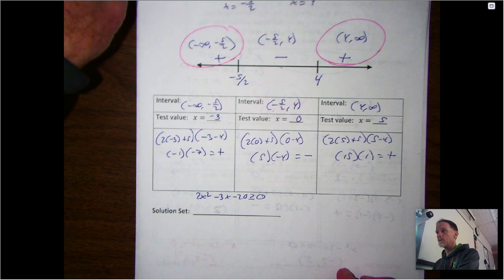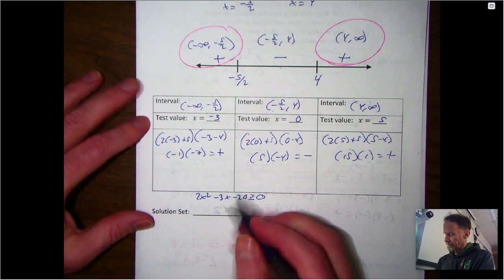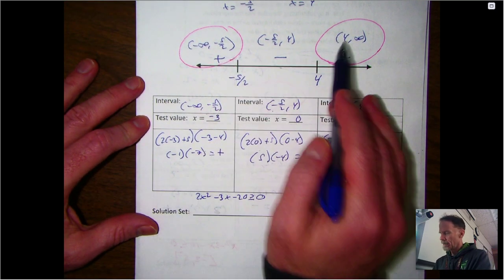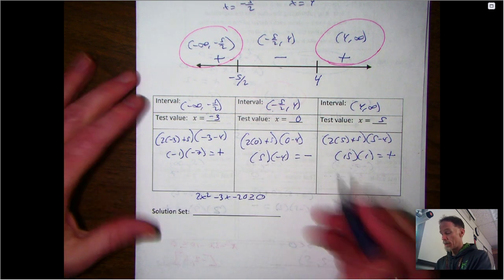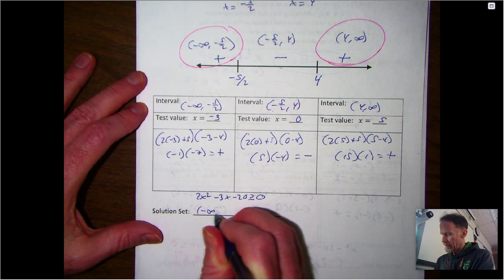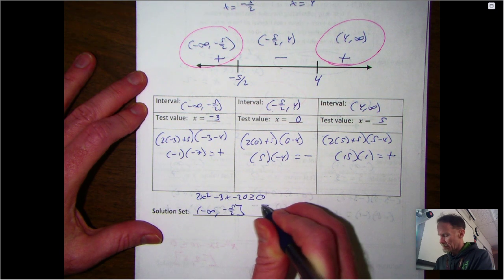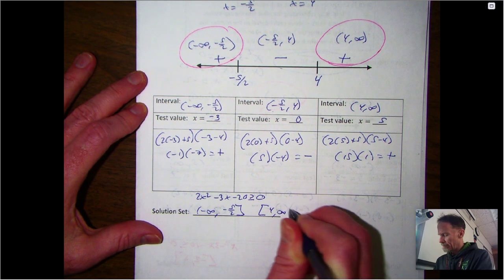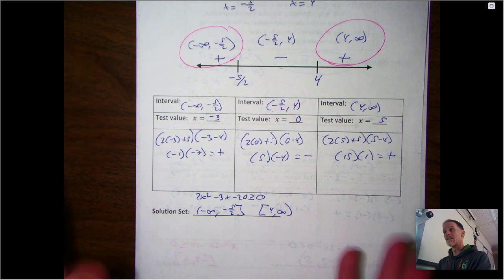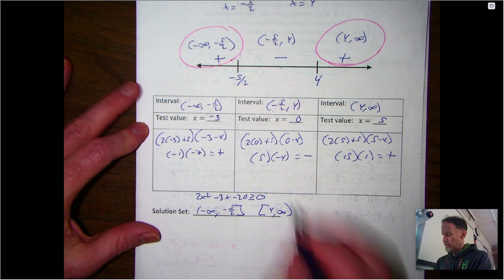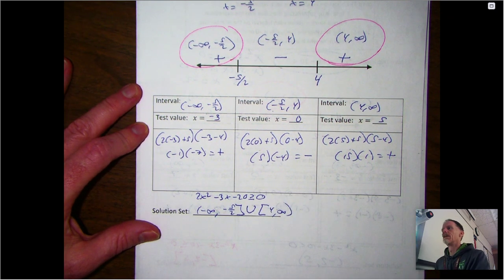And it is equal to, so I'm going to use brackets on the boundaries. So negative infinity to negative 5/2 with a bracket, 4 to infinity. And remember, if we have two different pieces of our solution set, we put the union symbol in between there, and we're done.